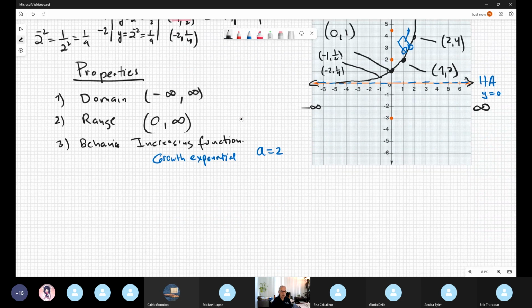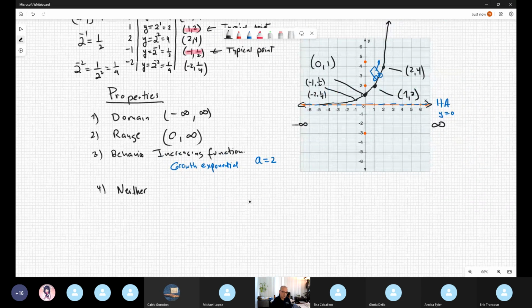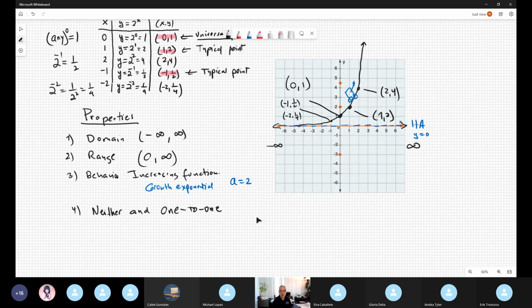The function has no symmetry, it's neither even nor odd. So we cannot take advantage of symmetry, and it is also one-to-one, because it passes the famous horizontal line test, so I predict for the future that we have an inverse function.